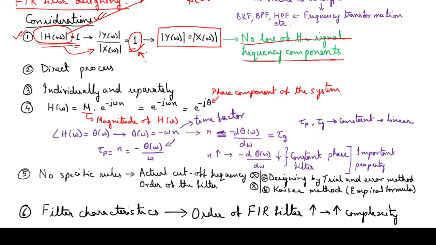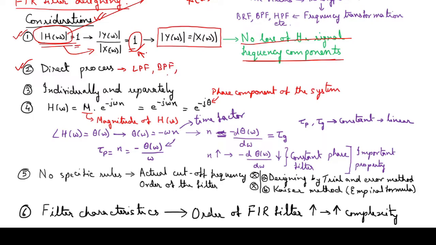Accordingly, we choose this value of 1. Now coming to the second point, it says direct process. What do you mean by direct process? It means that if I want to design a low pass filter using the FIR filter designing method, I directly design the low pass filter. If I want a band pass filter, I design a band pass filter.